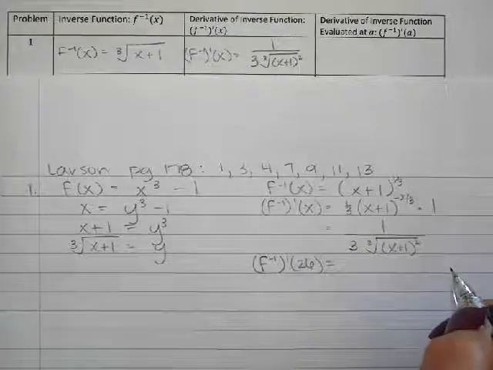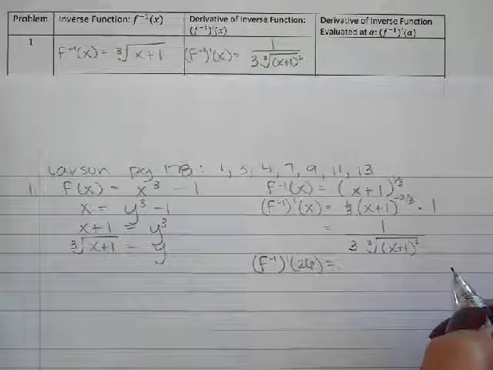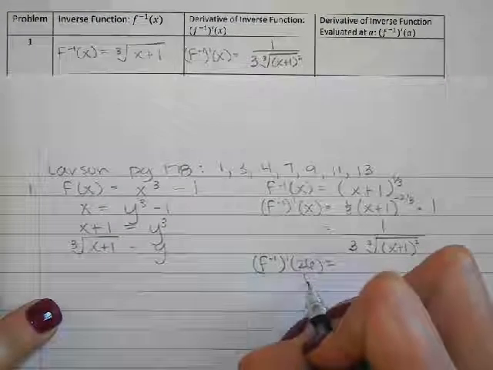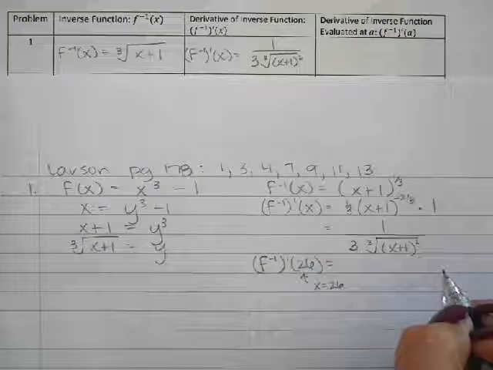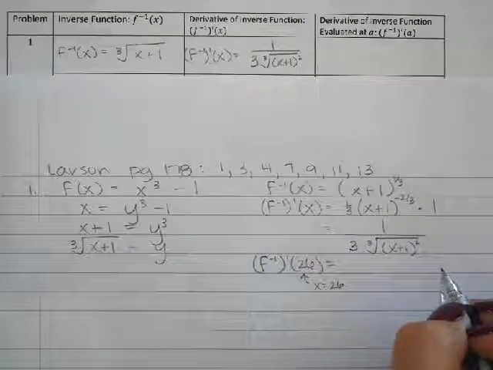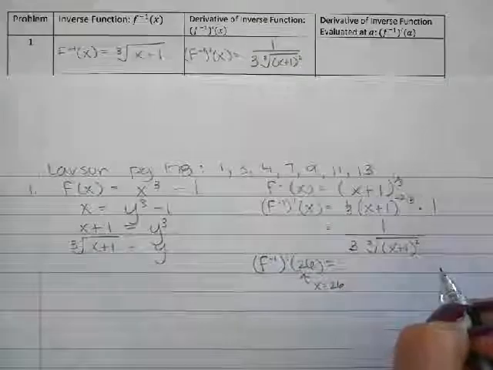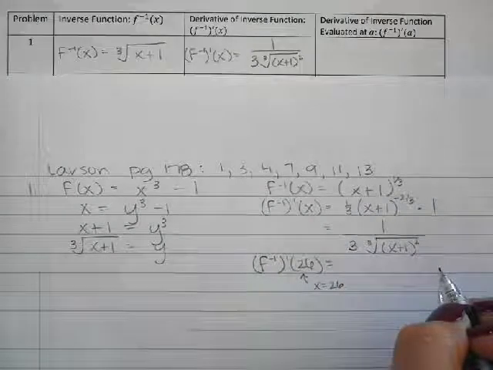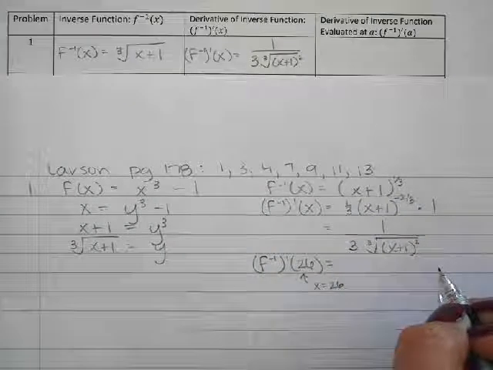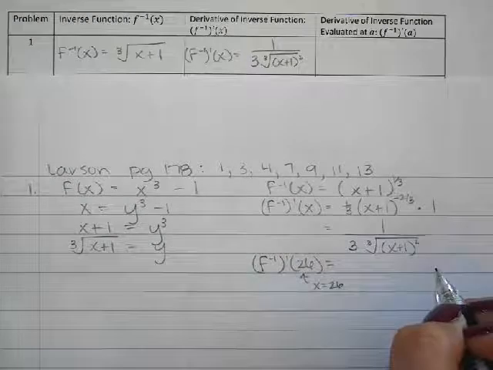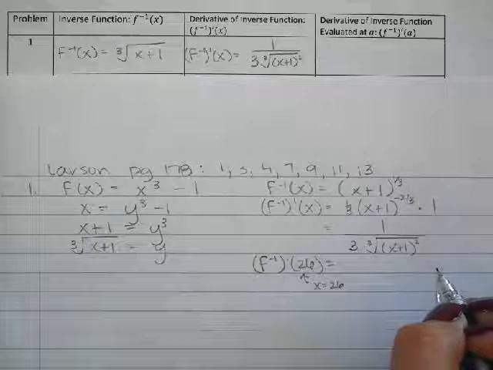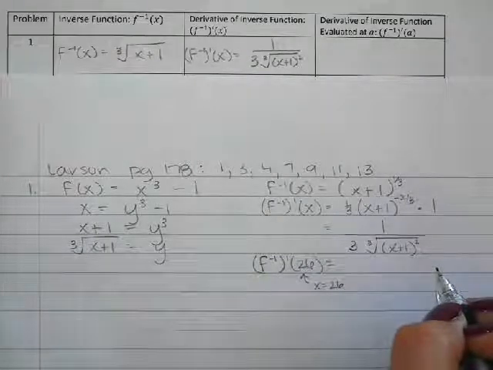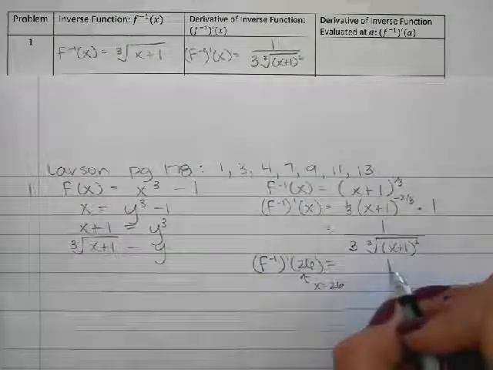No, because that's x. It's in terms of x. And since this is an x value, we can just go ahead and plug in 26 and we're okay. So this is like example number 1 from the video notes, where your problem was in terms of x and they gave you an x to plug in and you just can plug it in. This is not like the other 2 examples where we had to do implicit differentiation and everything was in terms of y. Okay? So this is more straightforward.